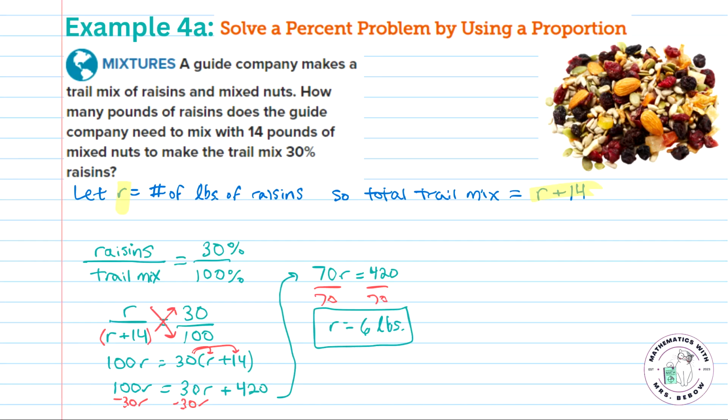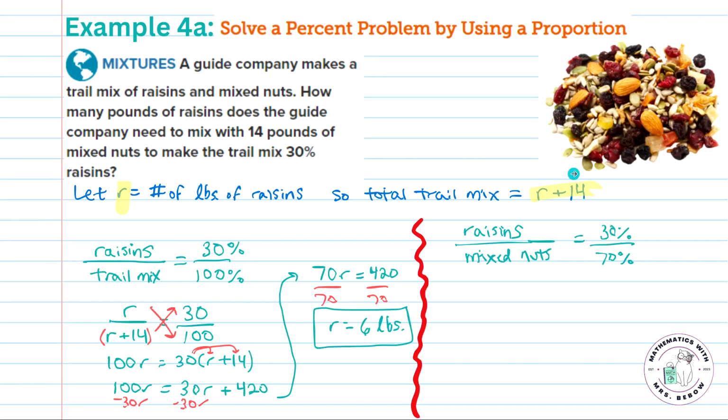We also could set this up taking a look at the amount of raisins to that amount of mixed nuts. So if I write this out, raisins to, again, the mixed nuts, the amount of raisins that is composing this trail mix is 30%. The amount of mixed nuts then would be 70%, right?